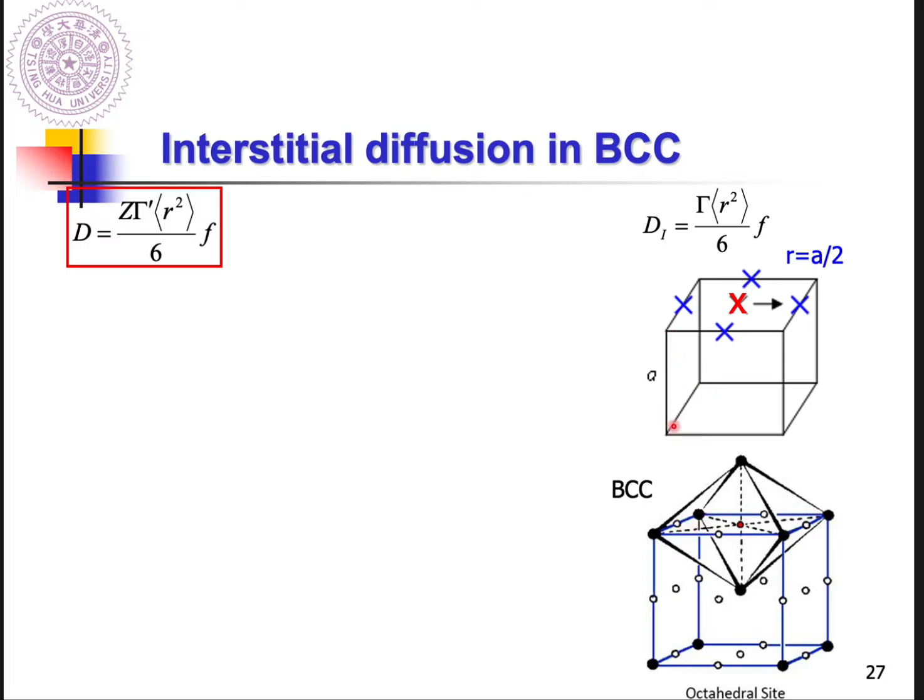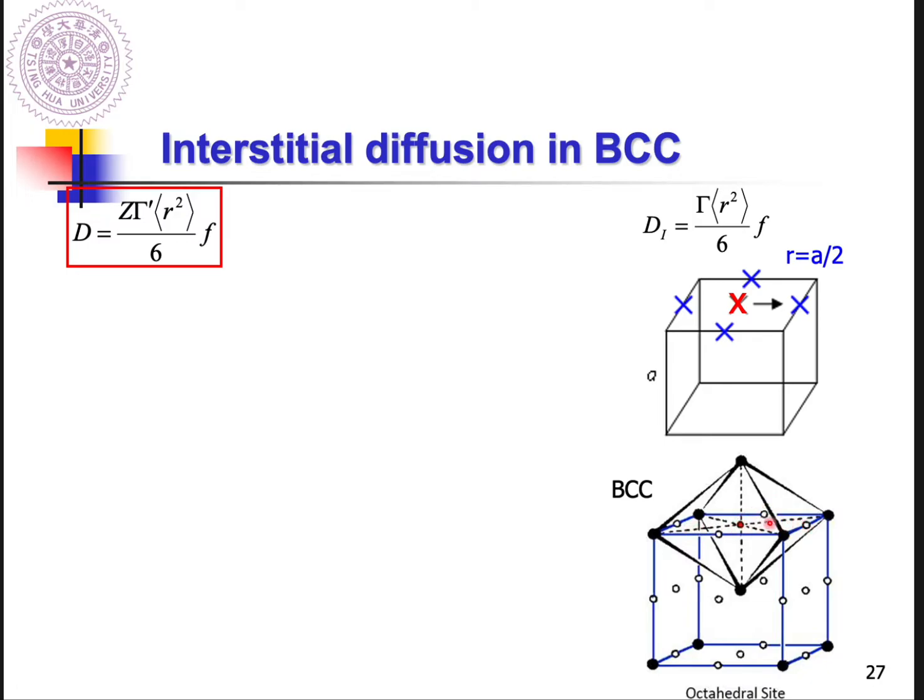So I tried to make a simple figure here. For the BCC, we assume the lattice constant a equals b equals c, so we use a as the lattice constant. We focus on this octahedral interstitial site. If you focus on this plane, how many possible jump directions are available to this interstitial atom? 1, 2, 3, 4, right?